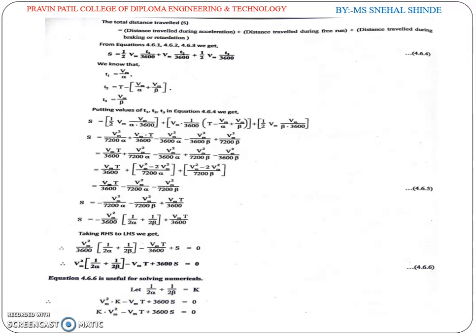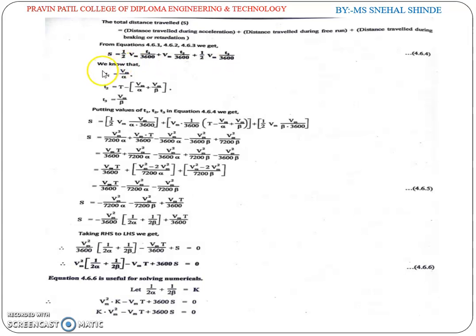From the three equations we have to add the distances. So S equal to half into Vm T1 divided by 3600 plus Vm T2 divided by 3600 plus half into Vm T3 divided by 3600.